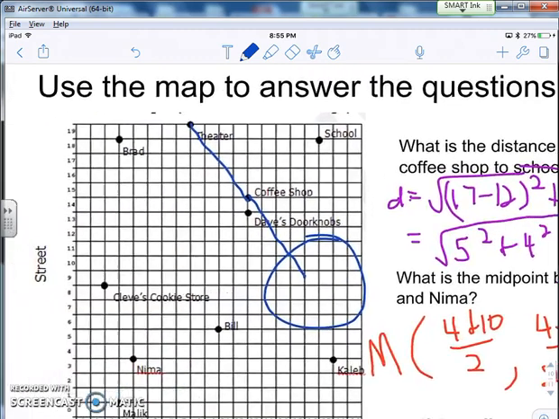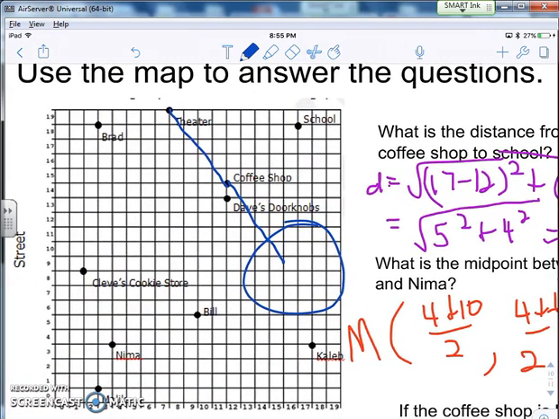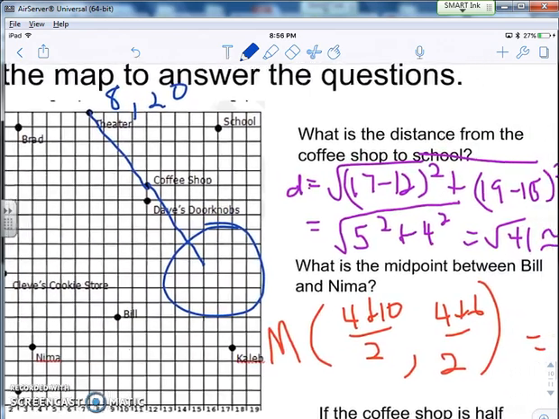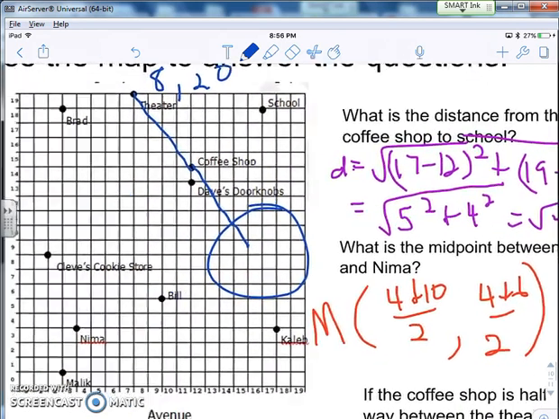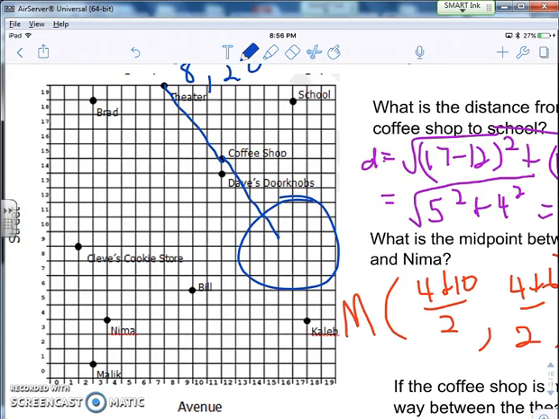The coordinates for the theater are the y value is 20 because it's at the top, and the x value looks to be 8. The coffee shop we found before, so it's 12, 15.